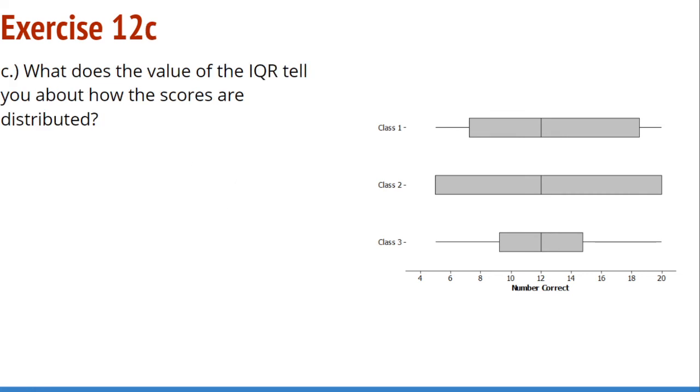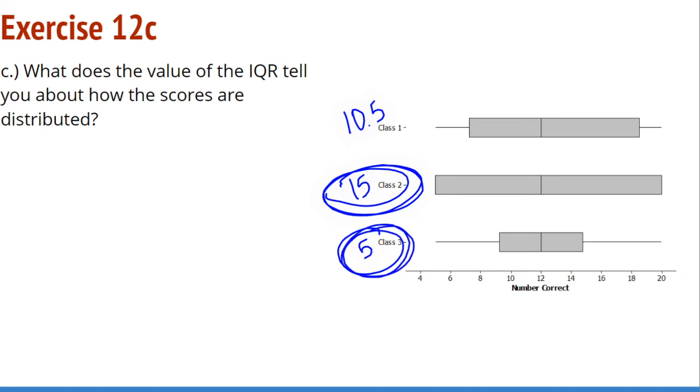So what does the value of the interquartile range tell you about how the scores are distributed? Remember, we had about 10 1/2, we had 15, and we had 5. Well, we can say that class 2 is very spread out, class 3 is not very spread out at all, and class 1 is about halfway in between the two of them.